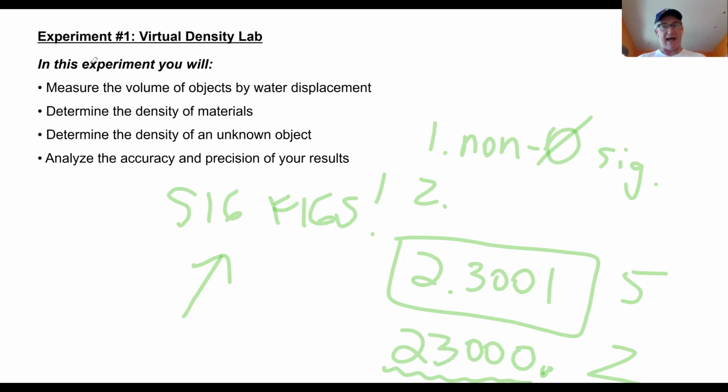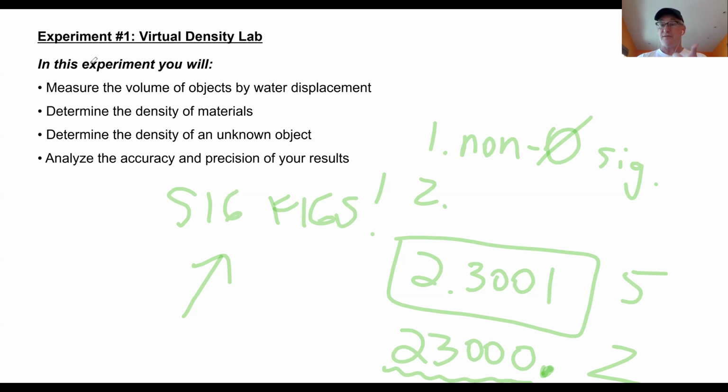That was the mass or the volume or something. This number is precise, and the period at the end tells me that all the digits before it are significant, even if they're zeros.